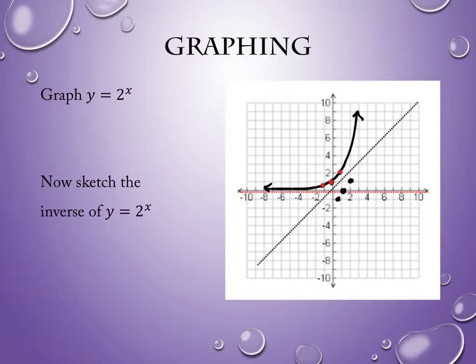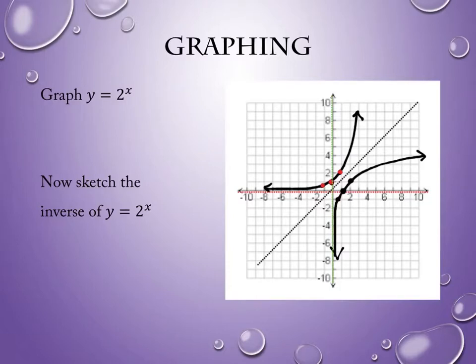When I connect them, it would look something like this, and my asymptote would be on the y-axis.